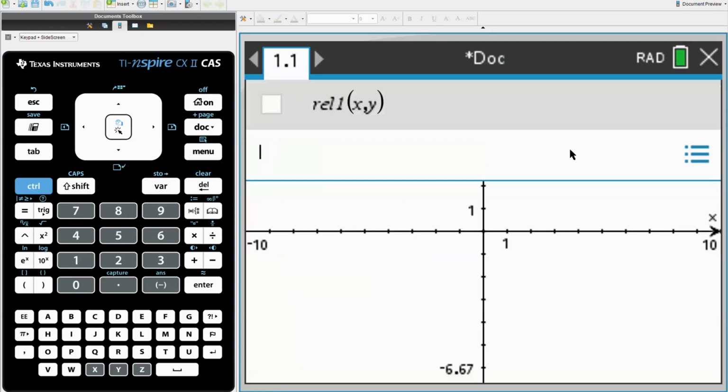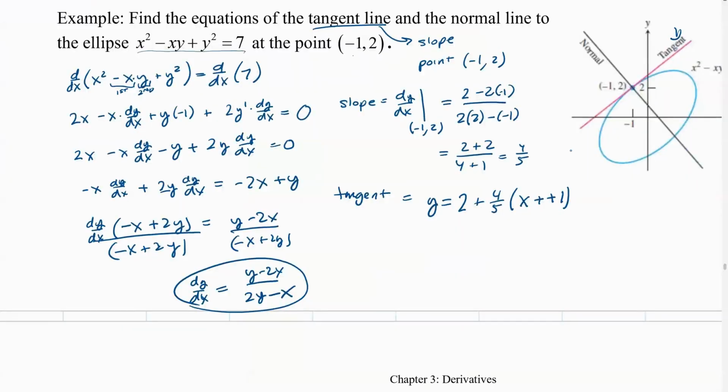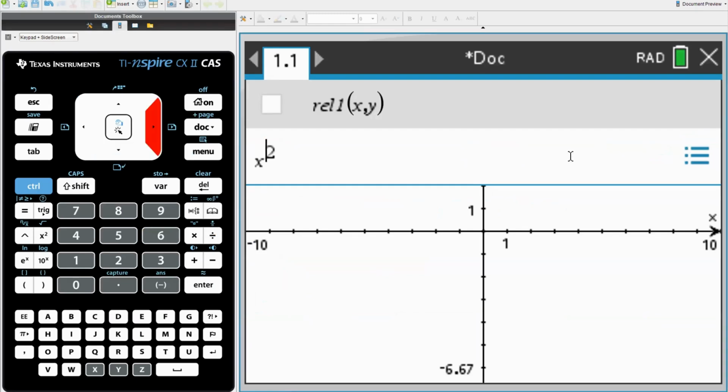When we do that, we can simply type in the equation. I forget whether it started out as x squared or y squared. X squared minus, tricky part, x, explicitly say times y, plus y squared is equal to 7.